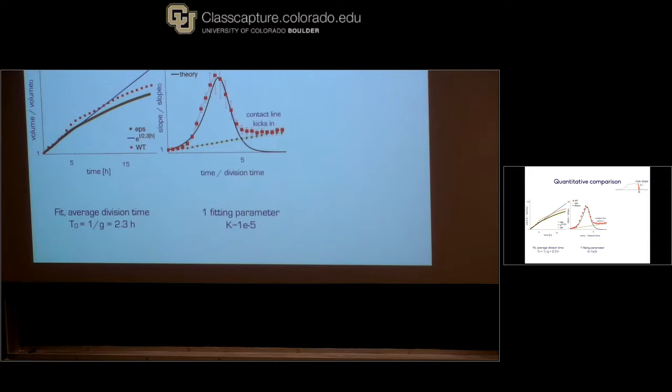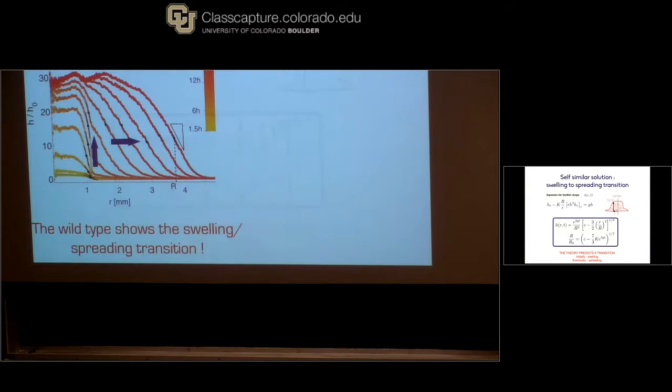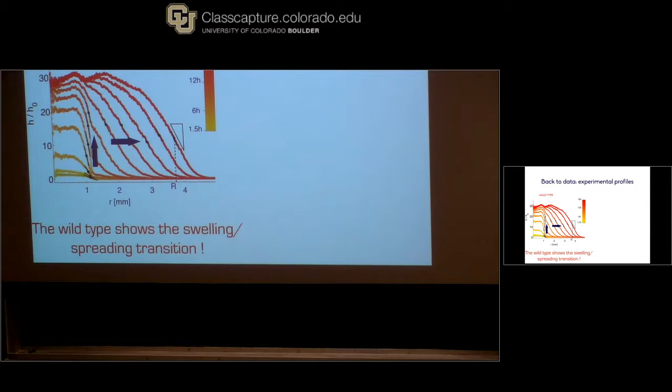Okay, and so here, I'm gonna go fast, but just to give you an idea, yes? Just to clarify, so at long times at R equals 0, H tends to a constant, like in the experiment. Oh yes, sorry, this is saturation, right?